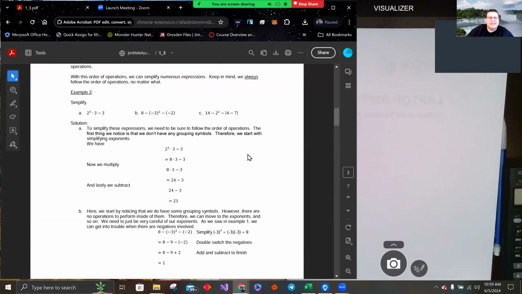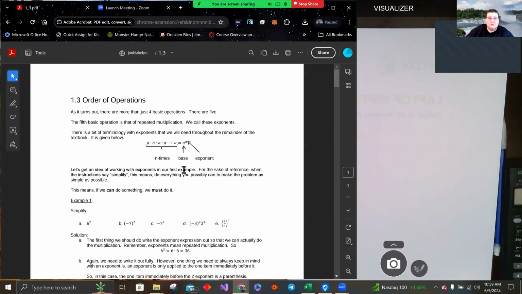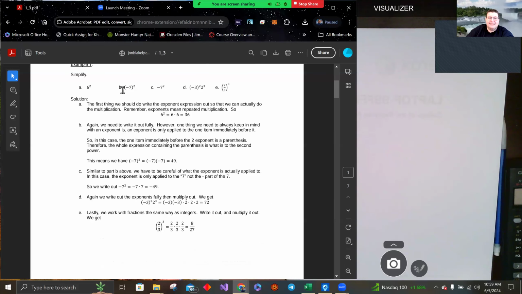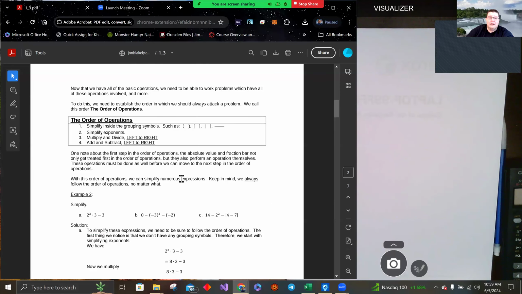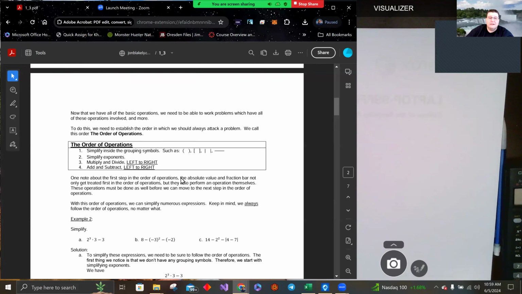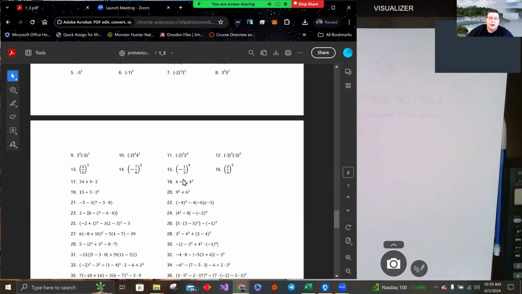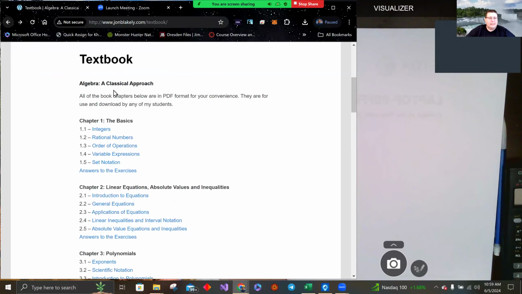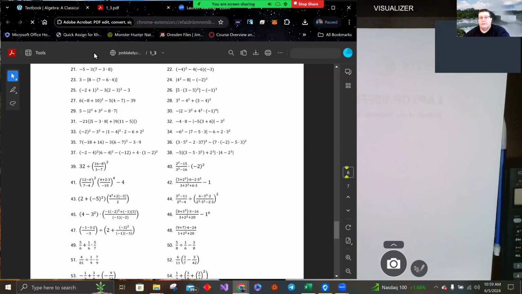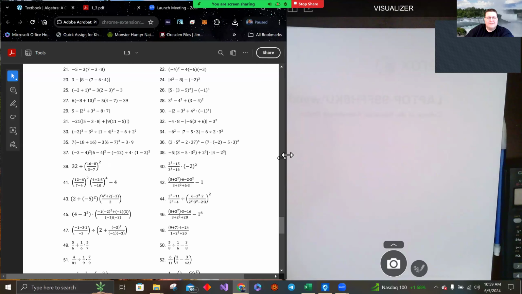Each of these sections has a description of what's going on. He's got examples worked out, and then he's got a bunch of homework problems. At the end of each chapter, there's answers to the exercises. You can click this for answers to the odd ones. So let me just pull some from here to have some fun with you guys.